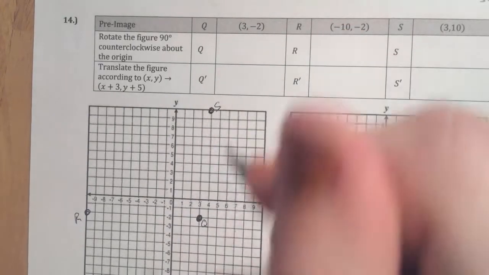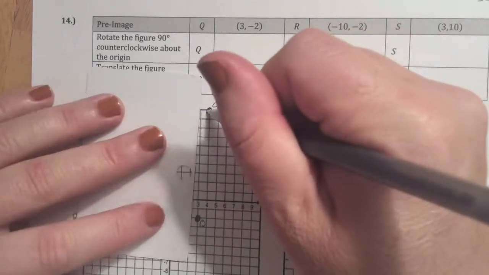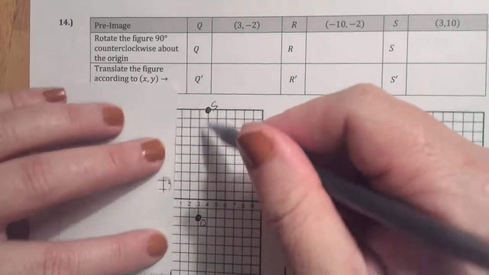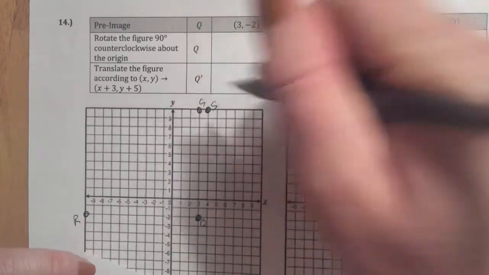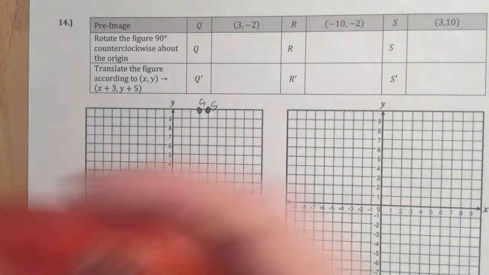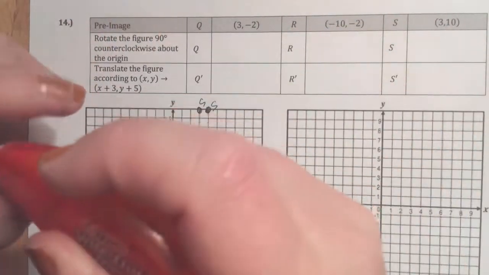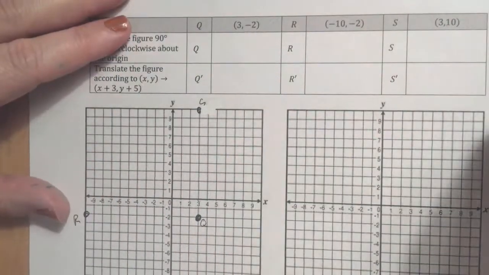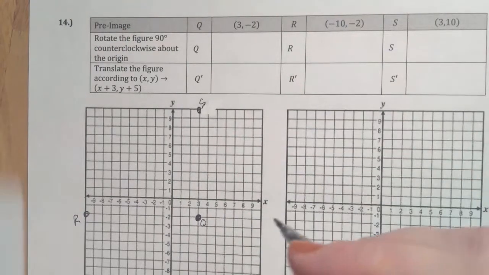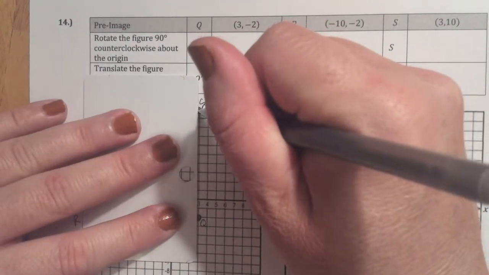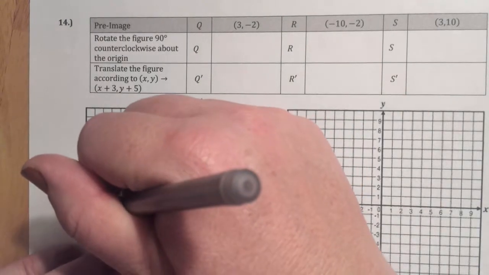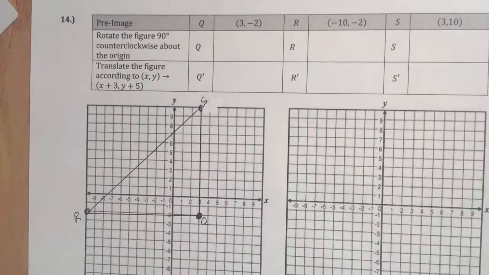That is our S. Nice large triangle right there.